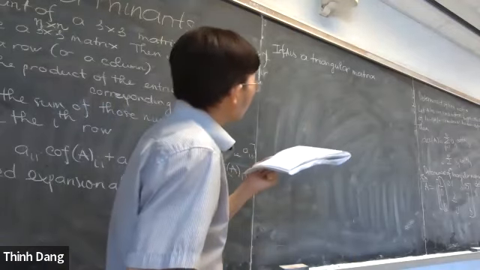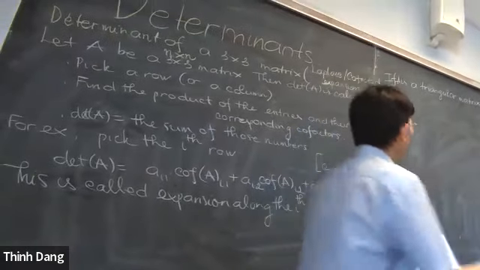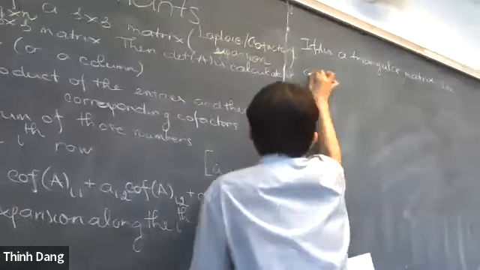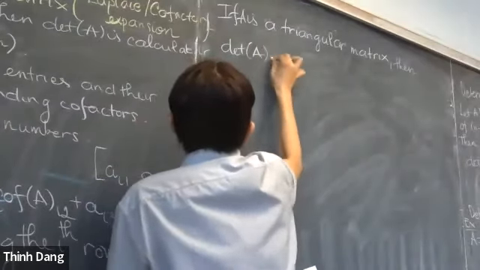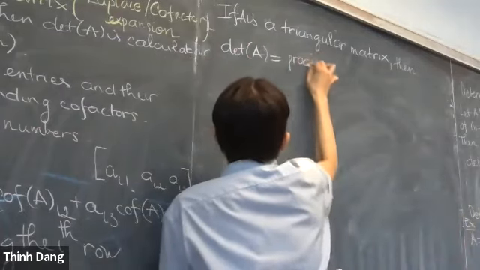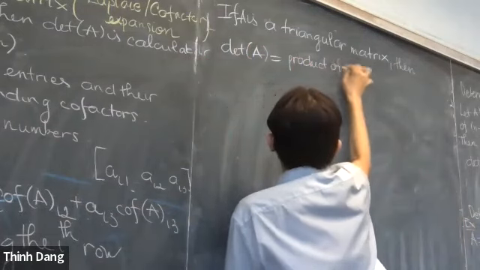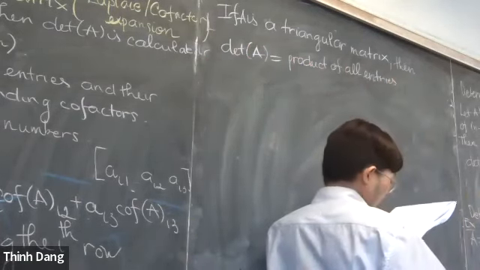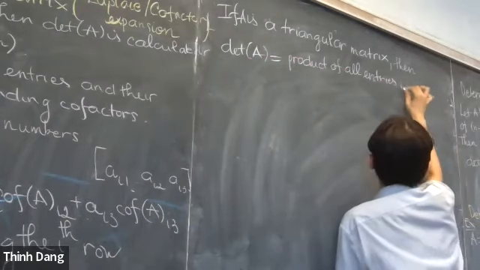So if A is any triangular matrix, then the determinant of A is equal to the product of all entries on the main diagonal.